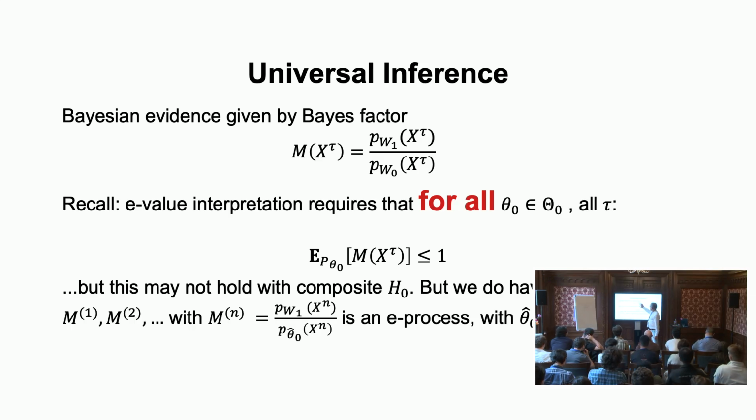This will always be bigger than this, because here you take an average over theta, and here you take the maximum theta and divide by it, so it gets smaller. You can show that the expectation under some unknown theta, any distribution in the null, of this divided by the MLE is bounded by 1, because the probability density of the data under the MLE will be larger than under the true theta, or definitely not smaller. So this is bounded by 1 for every theta in the null.